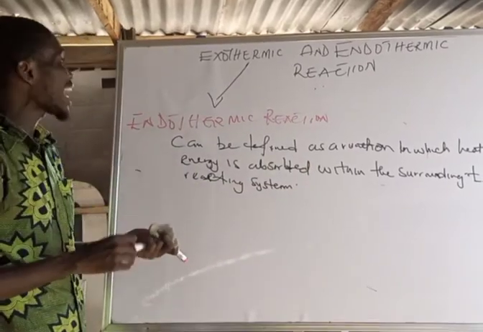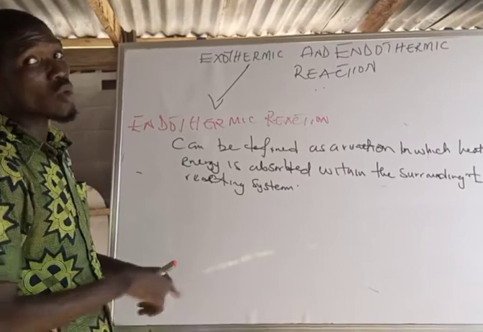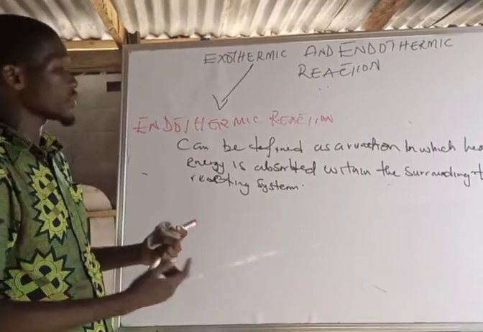So now, under the exo we said the heat energy of the reacting system decreases while the energy of the surrounding increases.